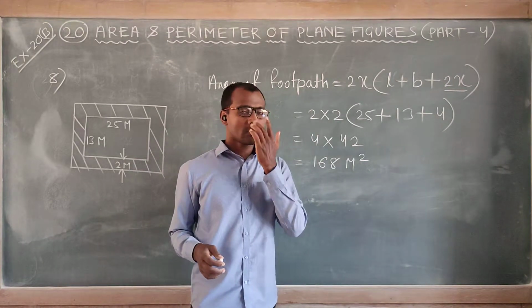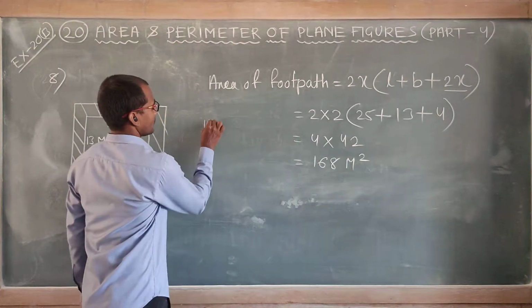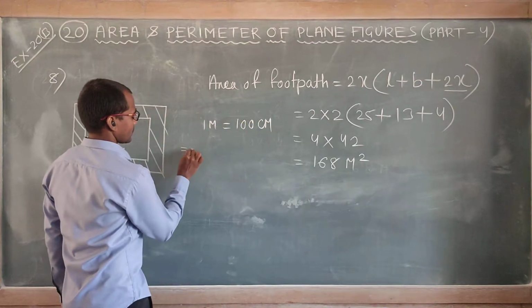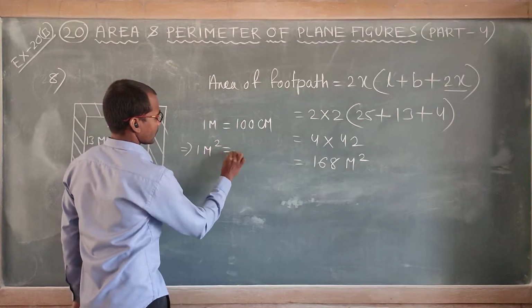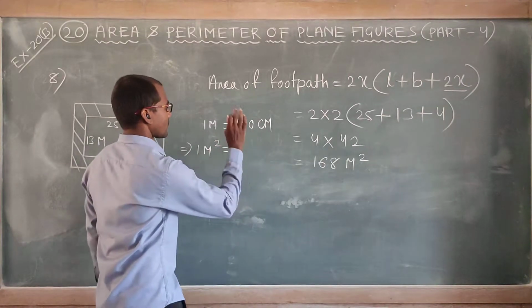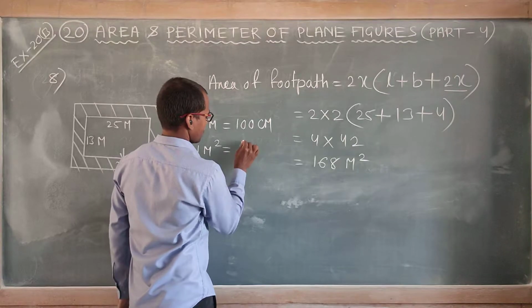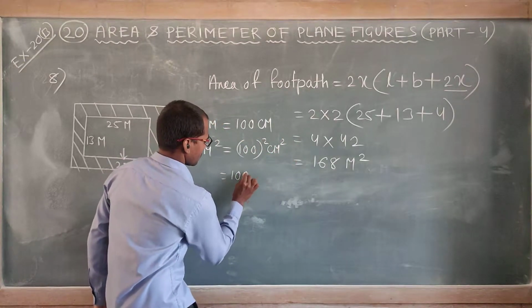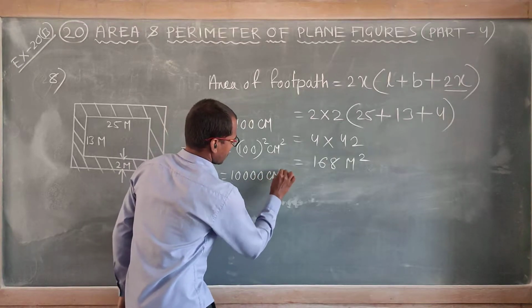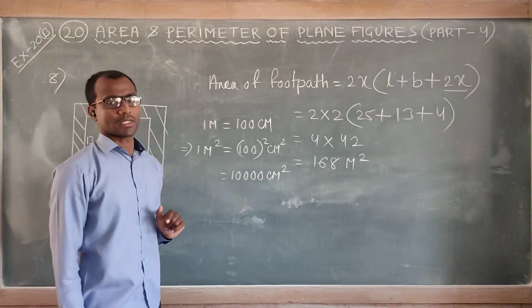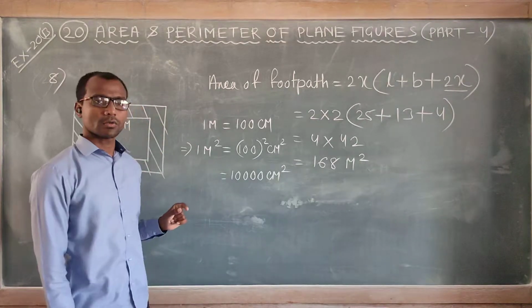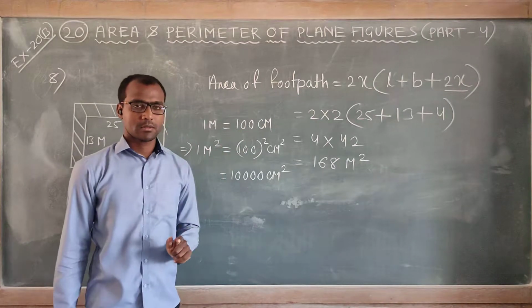Okay. Now you know that 1 meter is equal to 100 cm. Okay. So definitely 1 square meter will be square of this. That is 10,000 square cm. Okay. Similarly, 1 cubic meter will be cube of 100. Okay.